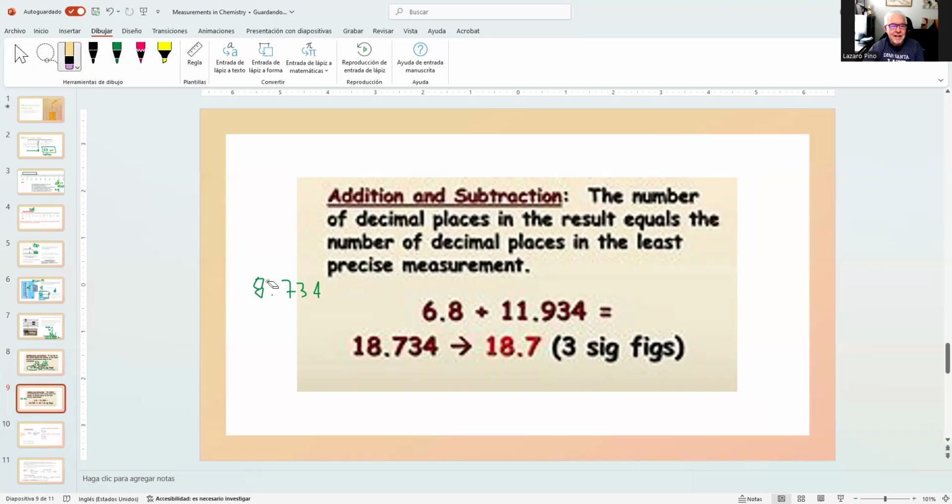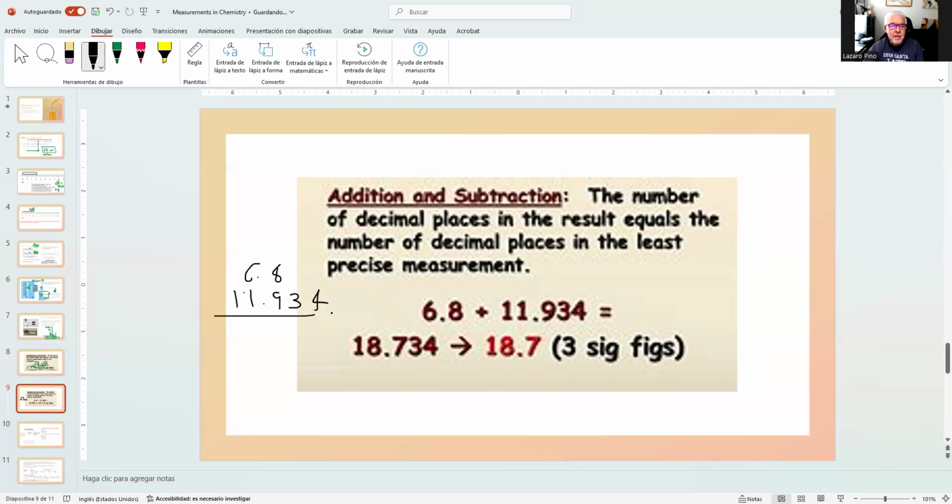Let me erase here. The numbers that you have to use are 6.8 and 11.934.